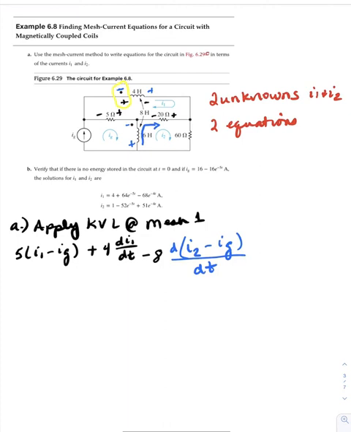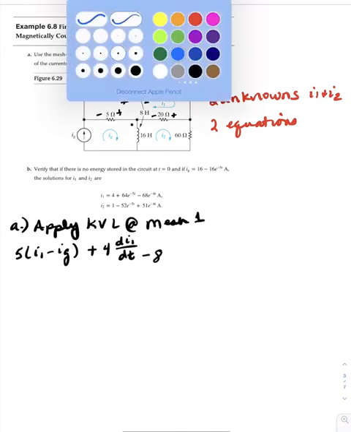Okay, now let's take a look if we made I sub g the dominant. Let's change the color to blue.